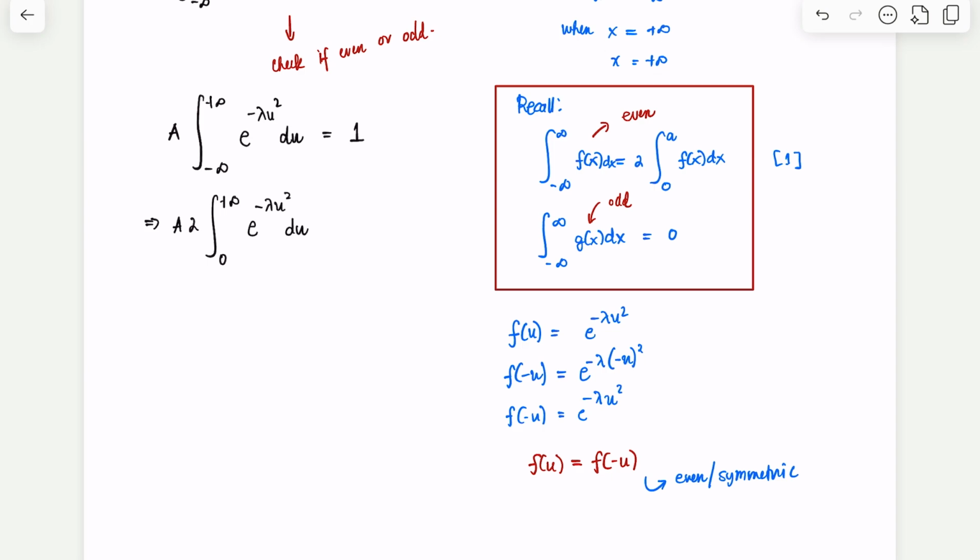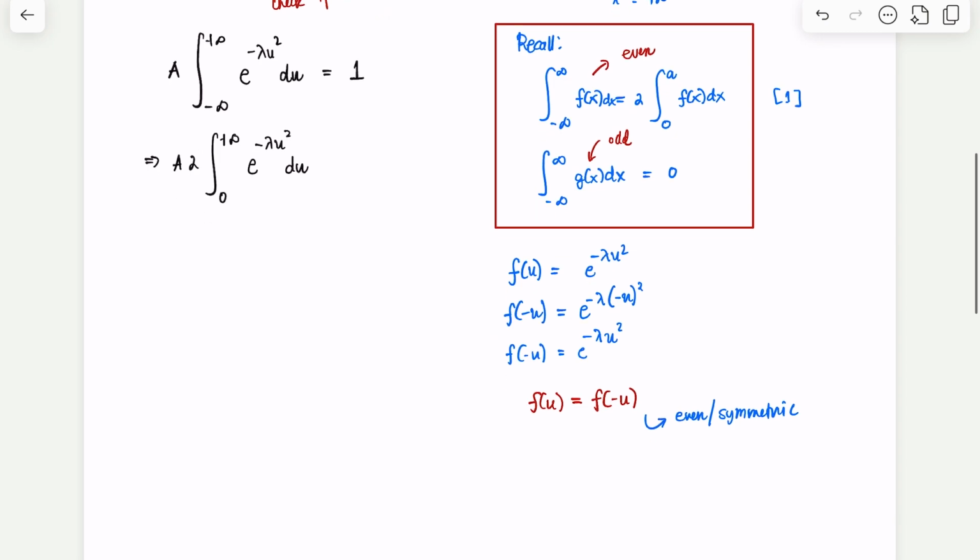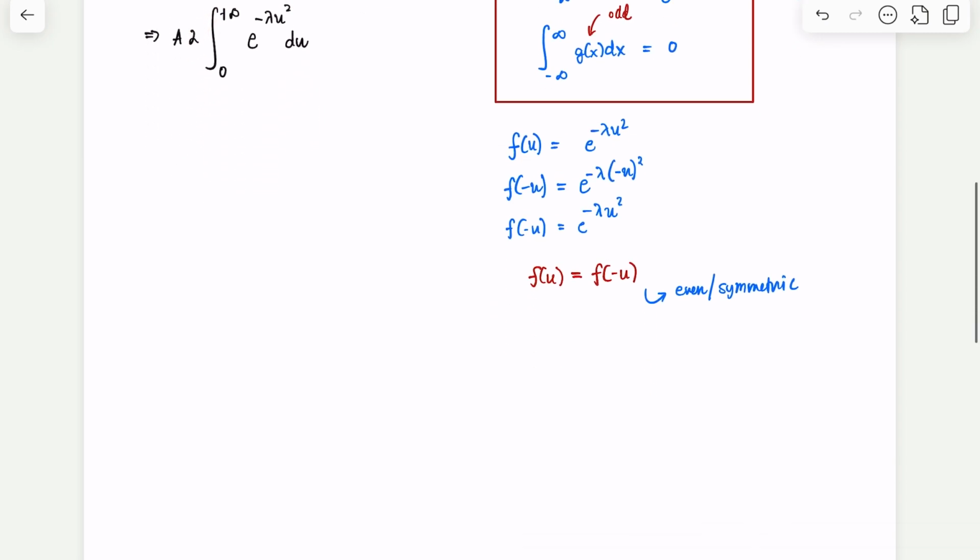Alright, so this is actually an easier integral because this term here is some Gaussian integral, and you have to recall this one also. Recall that if we have an integral from 0 to positive infinity of e to the negative a x squared dx, that is actually a Gaussian integral which will give you 1/2 of the square root of pi all over a.